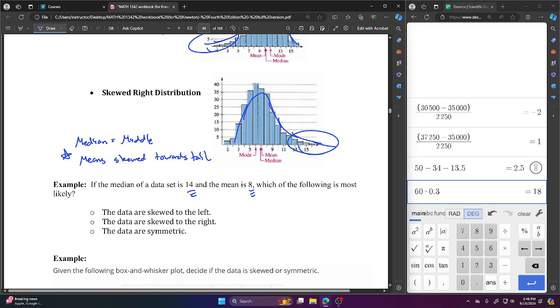Left, because this guy is less, so he's going to be on the left side of things. That's my answer. Yep. So just as a representation of what this probably looks like, this is where my median is, and my mean is somewhere way over here. Skewed left. Cool? Okay. Yay.